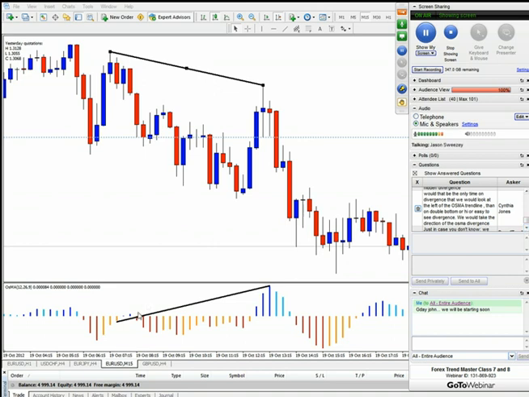I think what you're saying is the only time we look at the left is with hard to see divergence. You're always looking at the left and the right. Yes, if that's what you mean. And you're also drawing the line on the OSMA in the opposite way. Yes, I hope that answers your question.